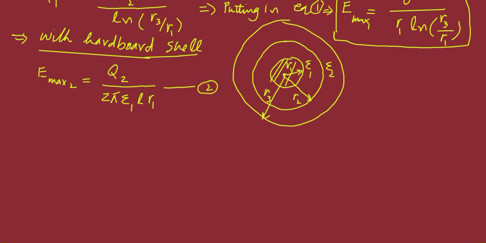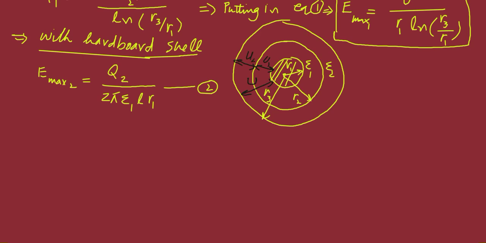Now the total voltage applied, so we have the total voltage here, which is being divided. So if this is U total voltage, now this will be divided between the two layers of insulations, so it will have U1 and U2.